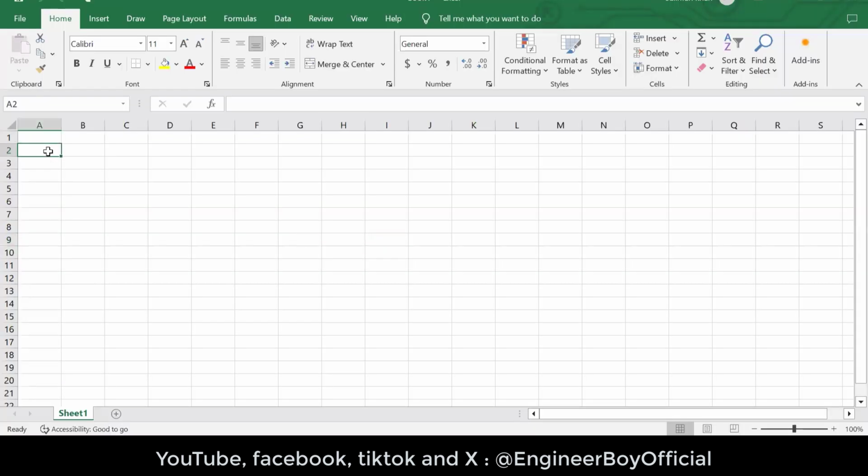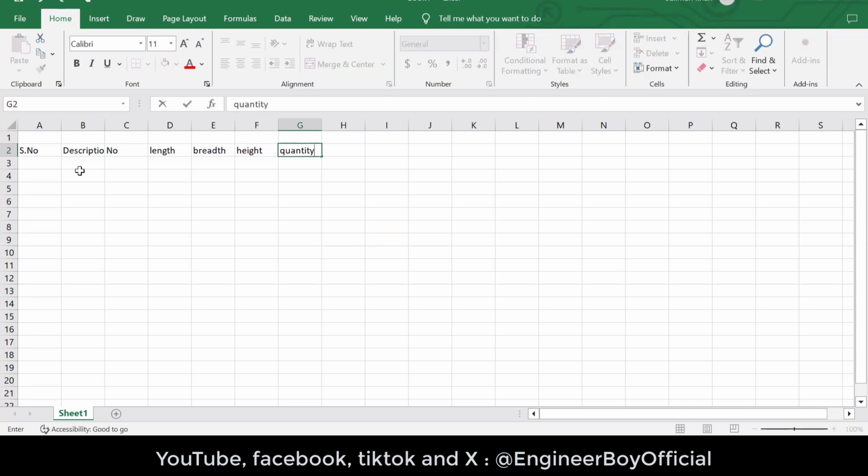So let's say, it is the same thing. I will say serial number because we do this all the time. Then description, and then we have the numbers, then the length, the width or breadth, height, and then of course the quantity, and then some remarks if we need.